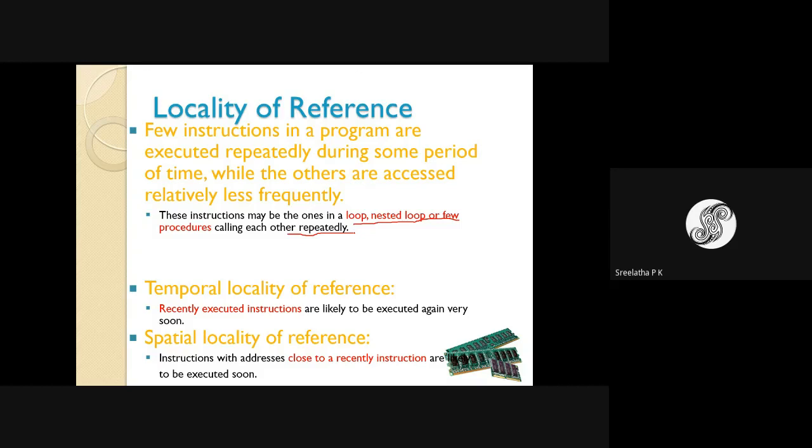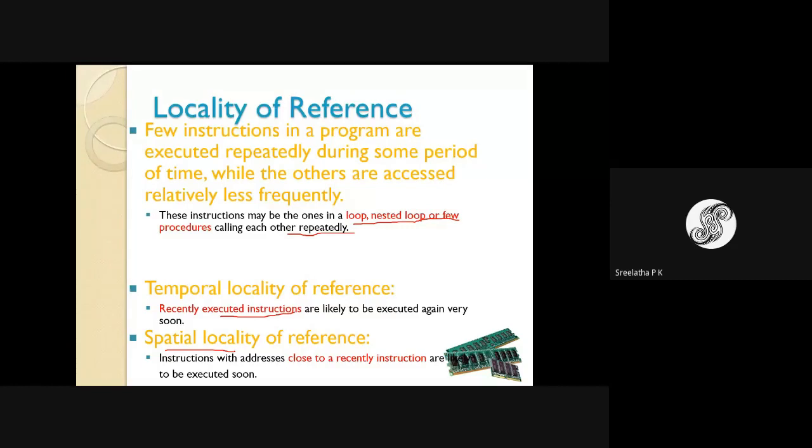That is, instructions which are recently executed are stored in the cache memory, and spatial locality means the instructions which are close to or nearby the currently executing instructions are stored in the cache memory. Usually the nearby instructions will be the ones executed next.